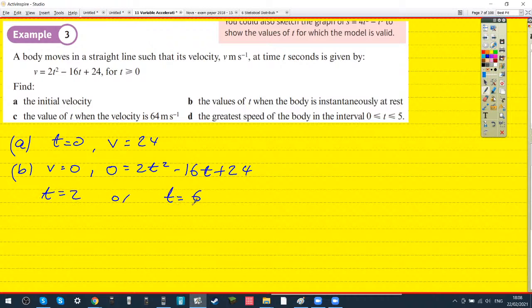Okay. C. Just sub in 64 for V and then put into my calculator. Right. You might not get 2 answers though. You might have to do something with it to get both of them.